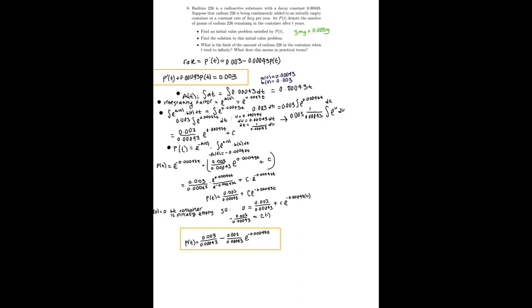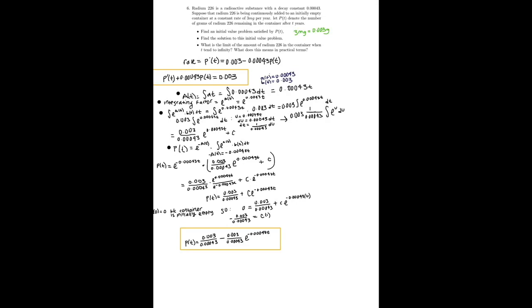I found that that is equal to 0.00043t. From there, I found the integrating factor, which is e to the power of capital A of t, which for this equation would be e to the power of 0.00043t.